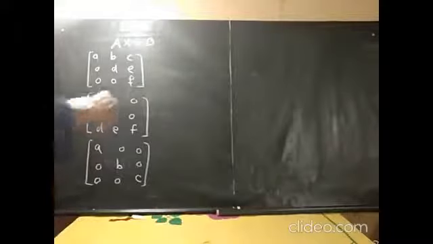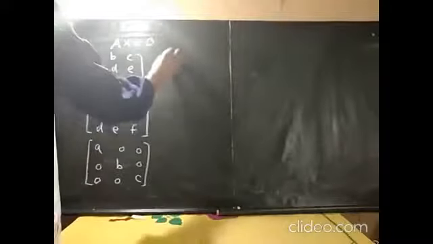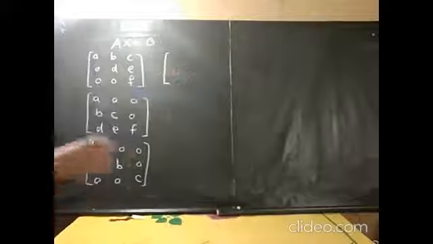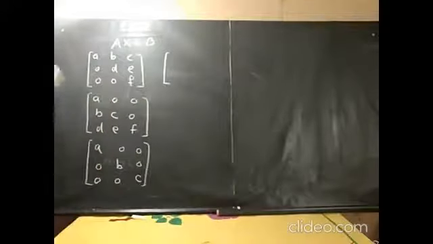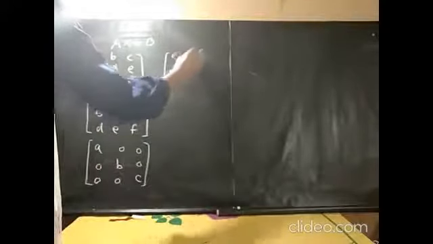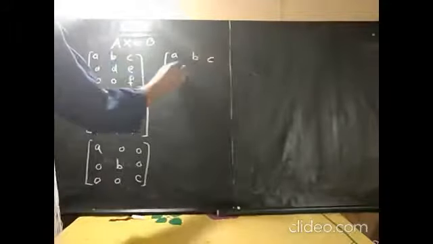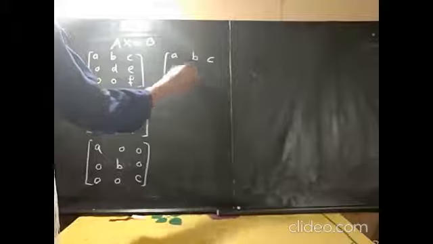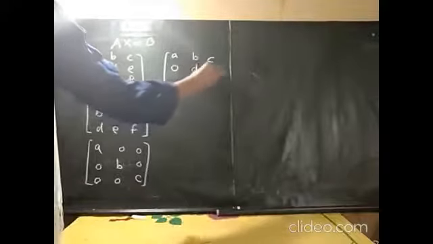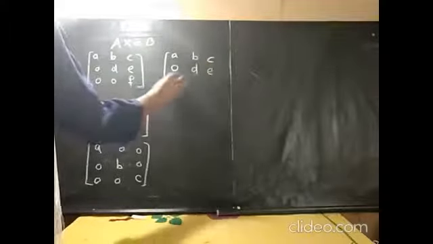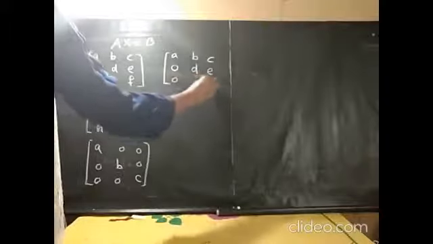Now I want to explain you something. Suppose you are converting this matrix A in this form: A, B, C. Okay. And suppose it is 0, D, E, it is 0, F and 0. Suppose like this.